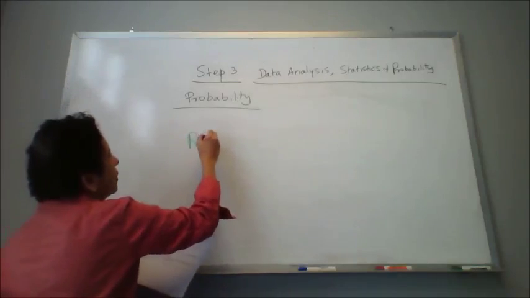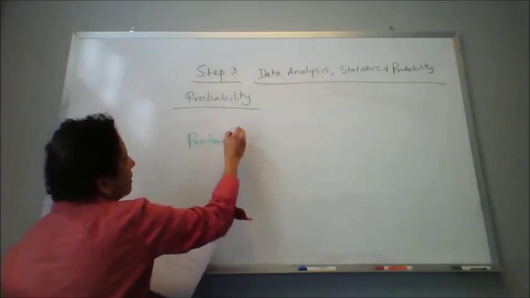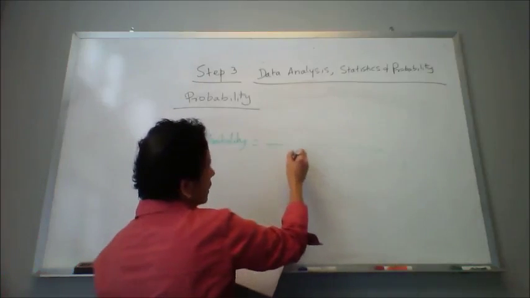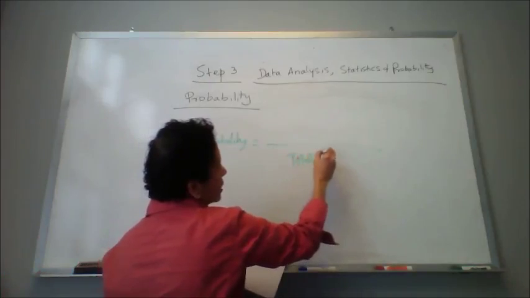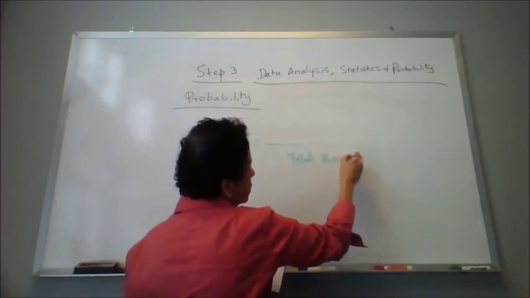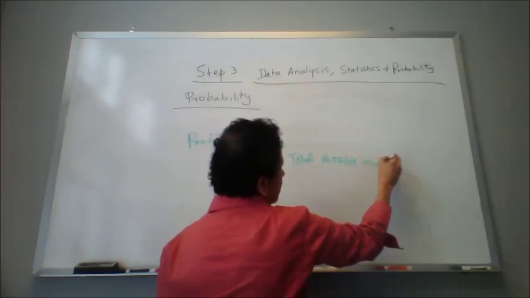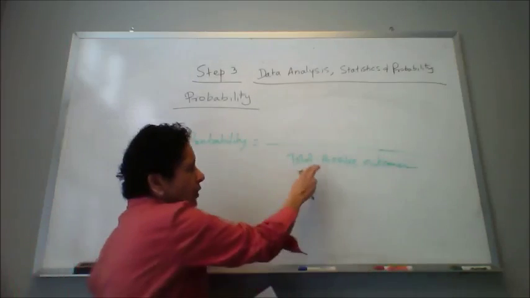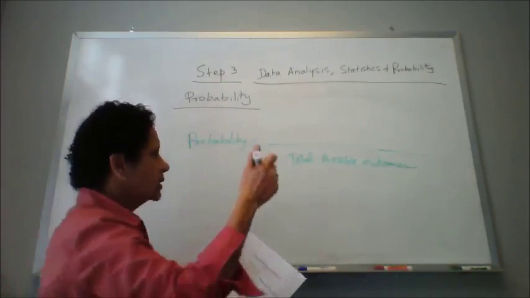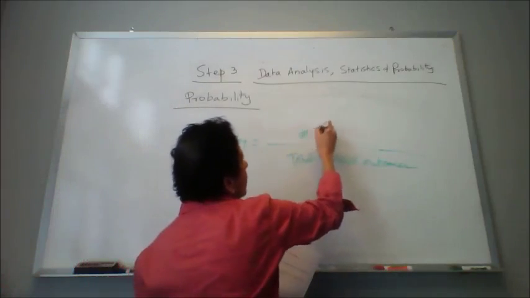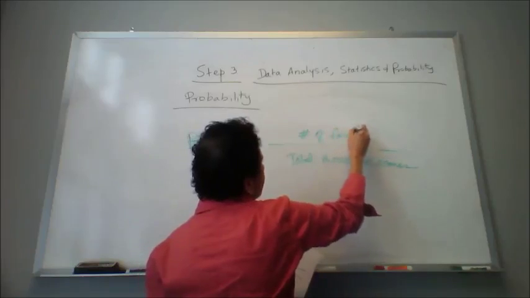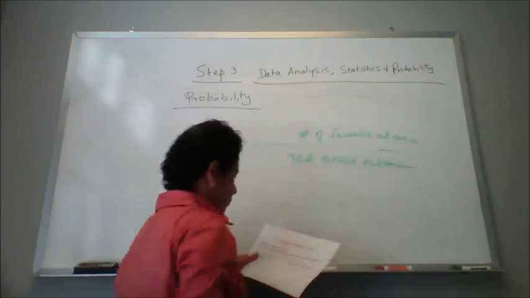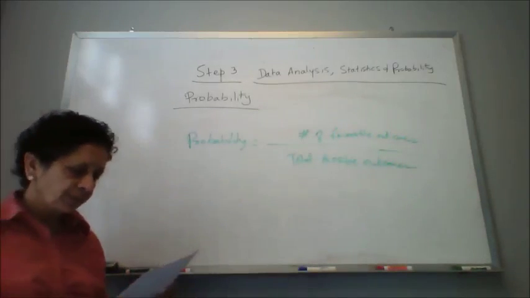The probability is defined as, on the bottom, the total number of possible outcomes. Okay, so you always need to find that out, right? So that's what we have seen so far. So with 2 dice it's 36, so you put 36 on the bottom. Then on the top, the number of favorable outcomes. Okay, so that's how we define the probability, and we will do some examples.